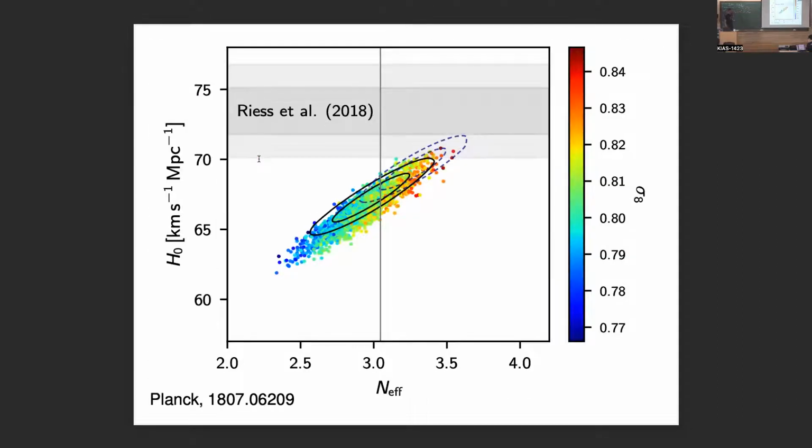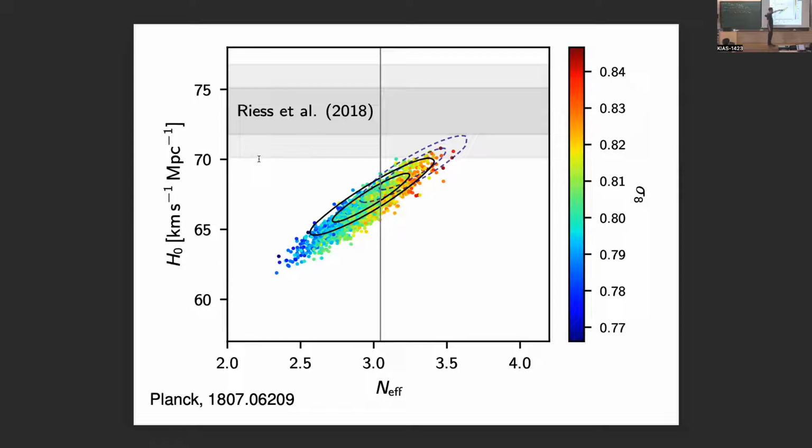So let me show you here. That's the famous plot by the Planck people themselves. We have here NF, here the standard model, here we've got the Hubble constant, and that's their error ellipse. They are here at 67. They want to go there to 73. Okay, that was an older Rees et al. paper.